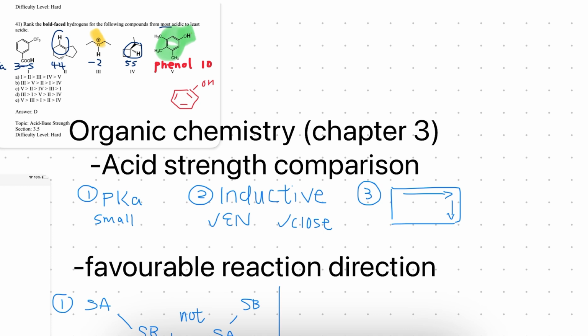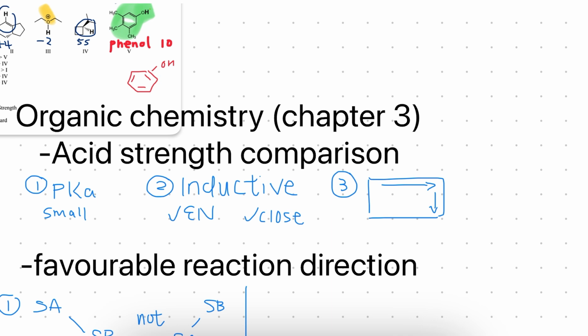Now, the inductive effect is the ability of an electronegative atom to pull electron density towards itself, which makes that end more negative and the end with the hydrogen more positive, therefore less tightly attached to the entire molecule, making the hydrogen more easily ionized, more easily lost, therefore a stronger acid.